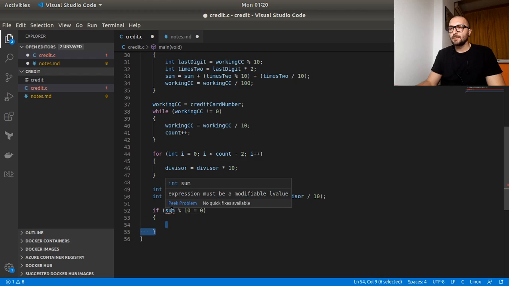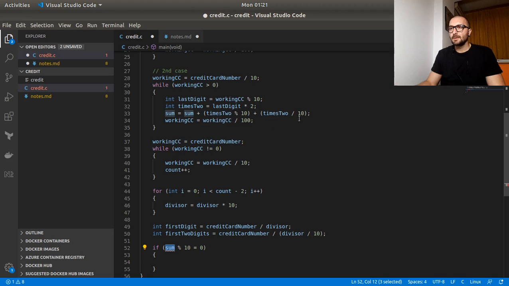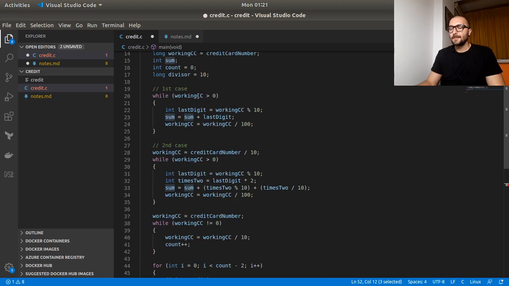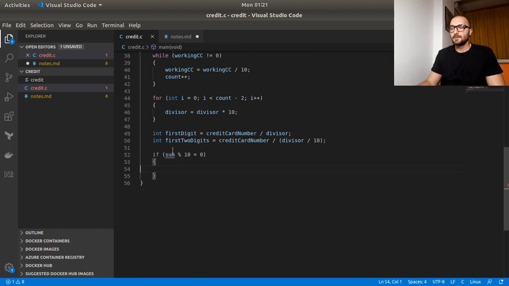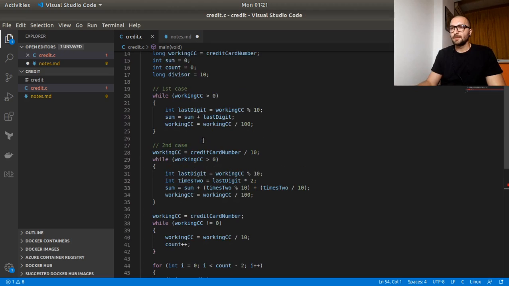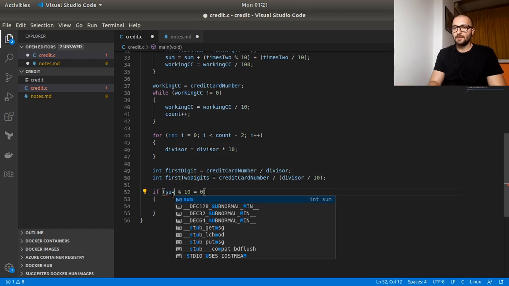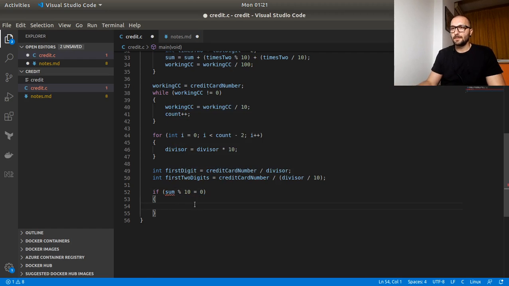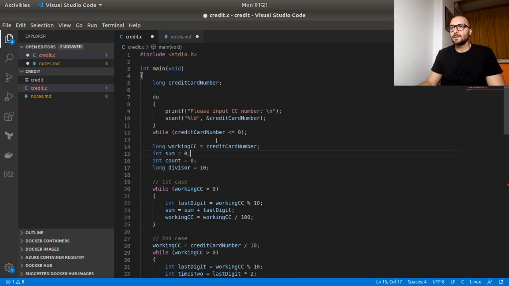Oh, this is weird. Oh, okay. We didn't initialize it here. Or that wasn't it? Nope, that wasn't it. And sum equals 0.